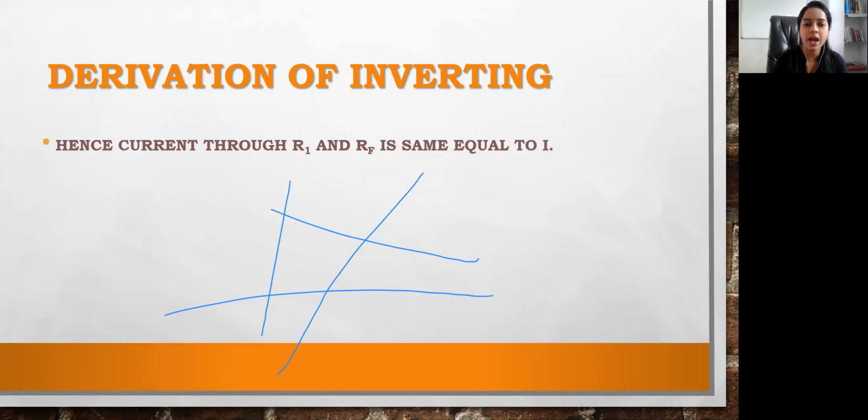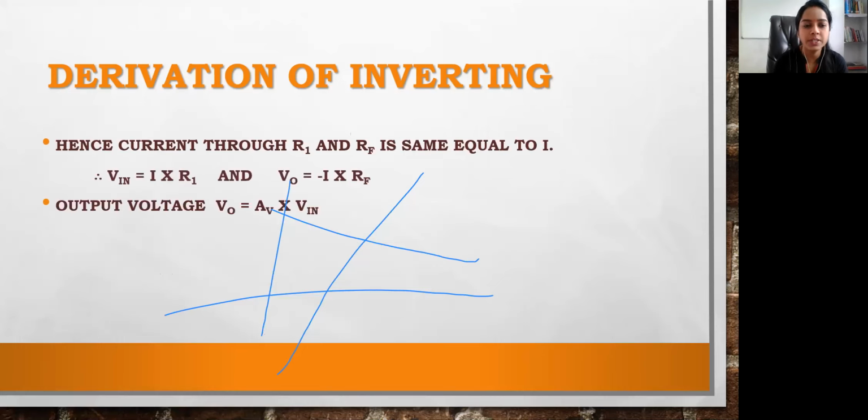Okay, so the output of this inverting amplifier is the output voltage, which is nothing but AV, that is gain, into V in. Whatever input we give, that multiplied with the gain we will have at the output. So if we write it as minus of RF, is equal to gain, where we have put in the values of V in and V out.